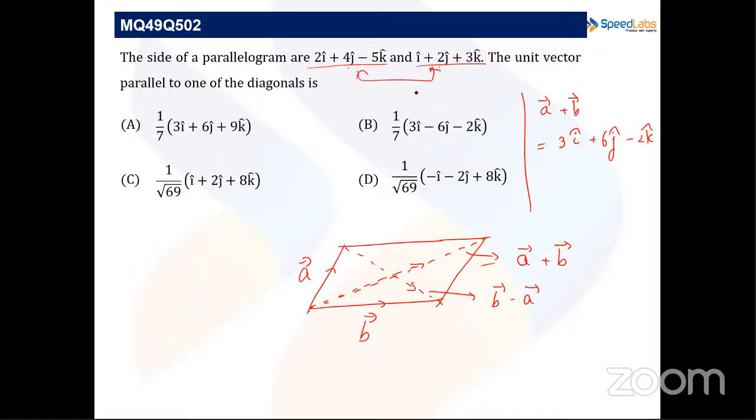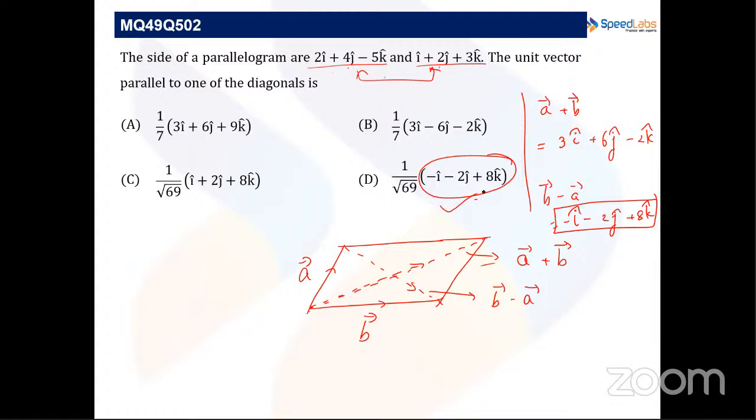And the other, on subtracting, that is B minus A, will be minus i cap minus 2j cap and plus 8k cap. So this is giving us this option.